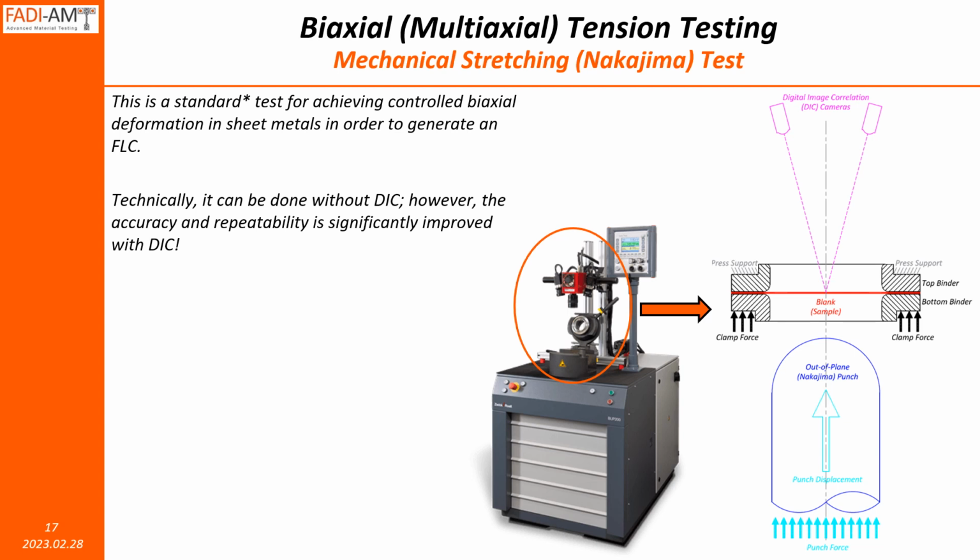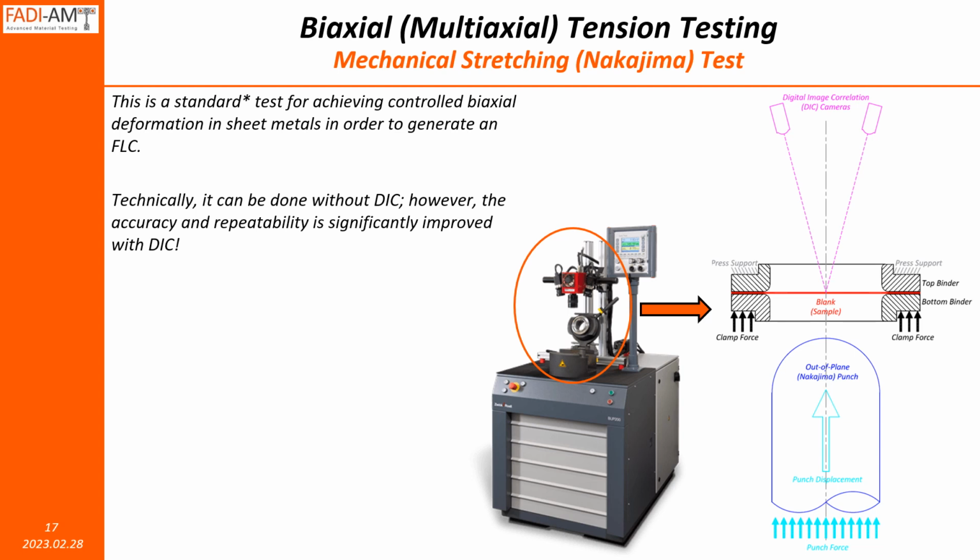A biaxial tension test is run on a custom machine which somewhat looks like this, that's shown in the figure. A sample is clamped from the sides and a semicircular punch deforms the sample from the bottom so that the sample deforms in the form of a dome, which is monitored by DIC cameras located on the top of the press or on the top of the sample.